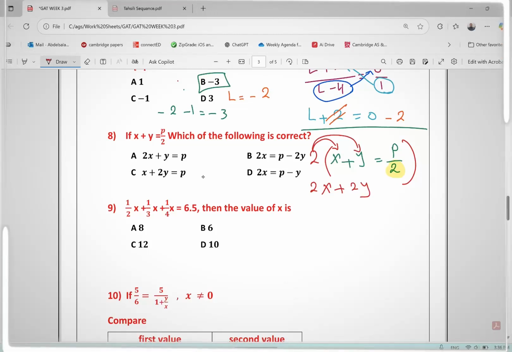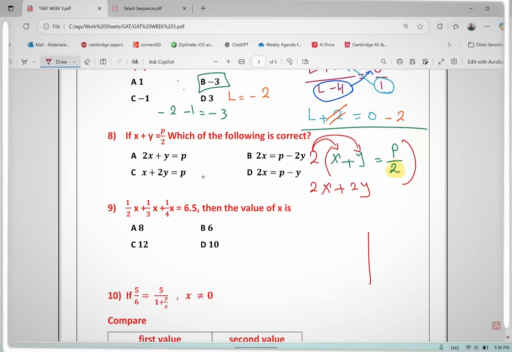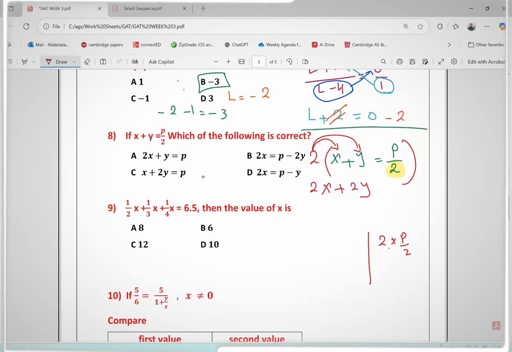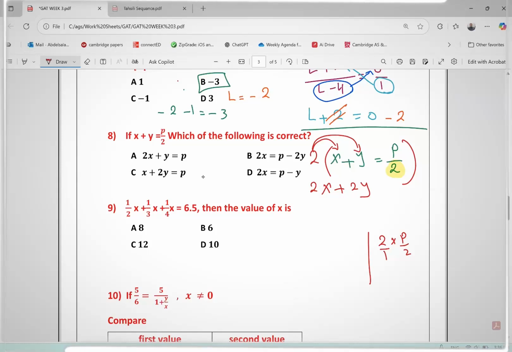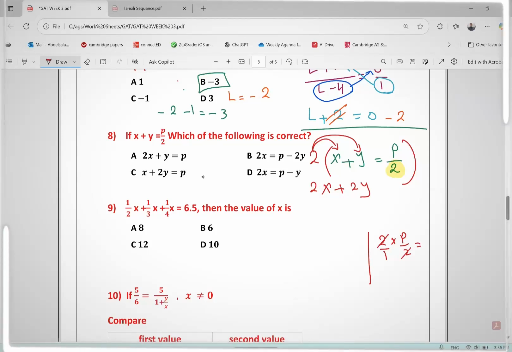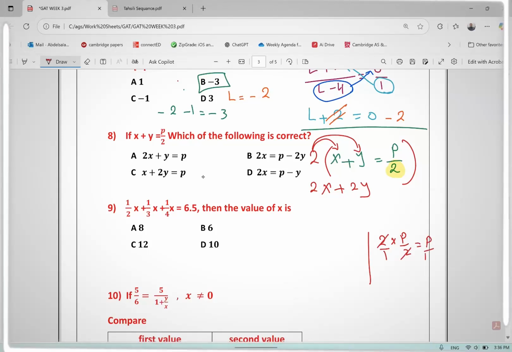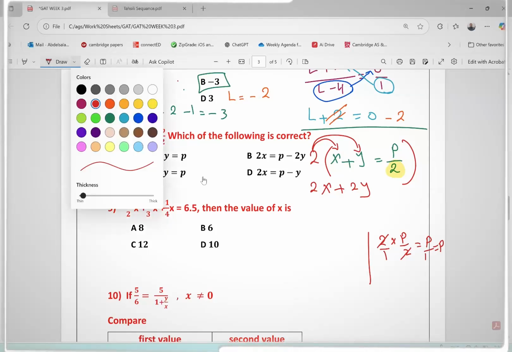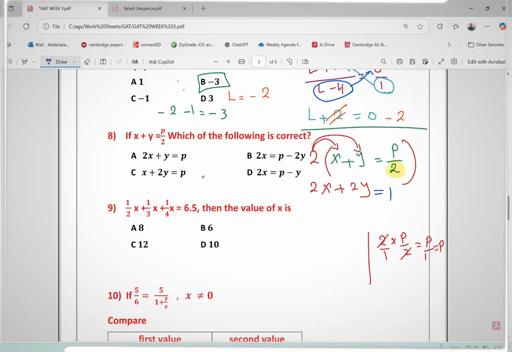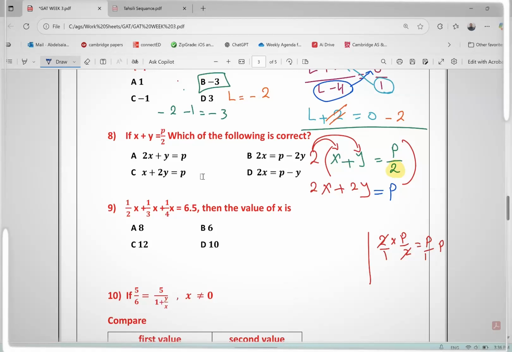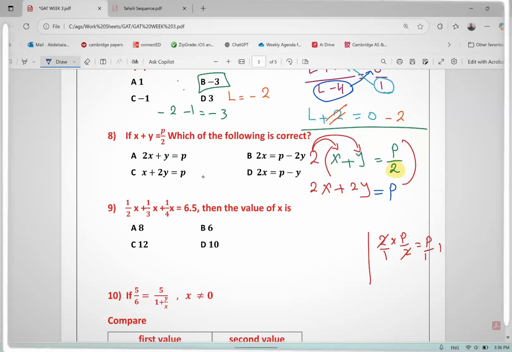And 2 multiply b over 2. I will take it in draft. No problem. It's 2 multiply b over 2. Right here 1. If you multiply, cancel 2 and 2, so it will be b over 1, which is b. So I'm sure I can write here 2x plus 2y equals b. No need to keep these steps. I will not use them. Okay.